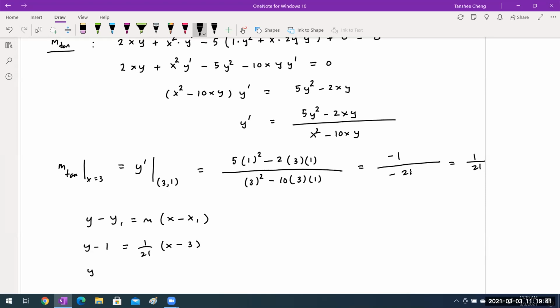That gives us y is equal to 1 over 21 x minus 1 over 7, and then plus 1. So therefore, my final answer is y is equal to 1 over 21 x plus 6 over 7.